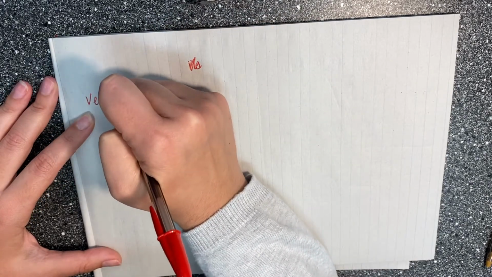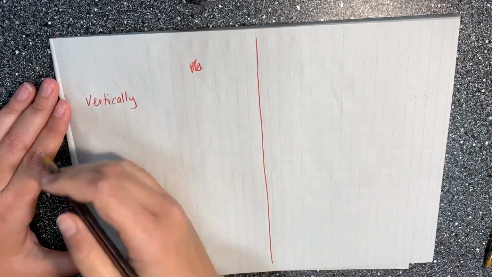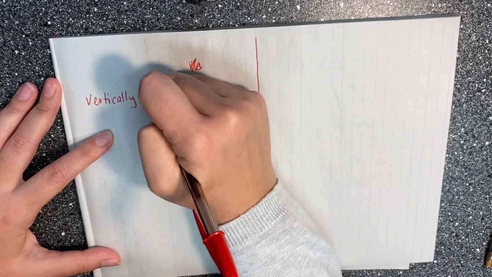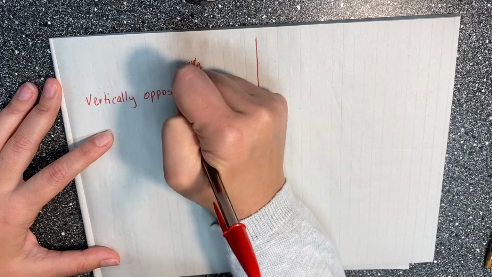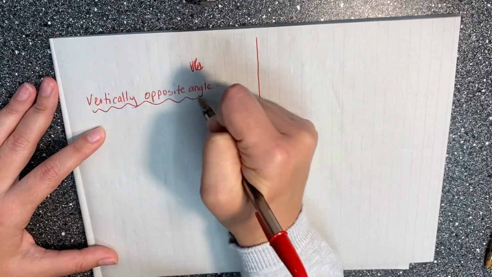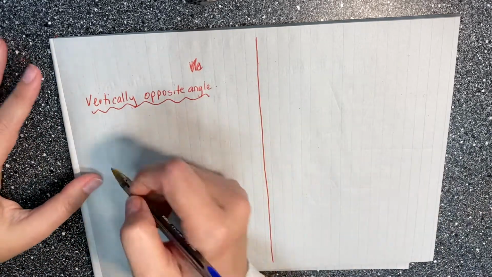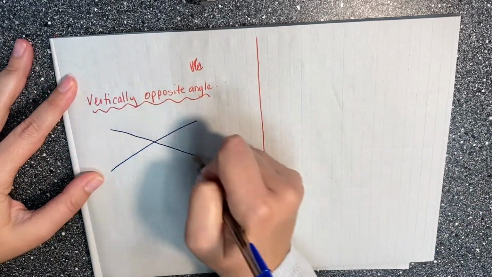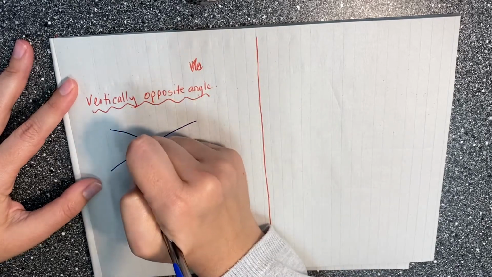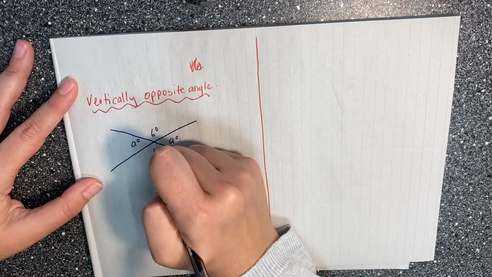Vertically, sorry, there's one more, spoke too soon. So vertically opposite angle. Say that we had A here and A here, and B here and B here.